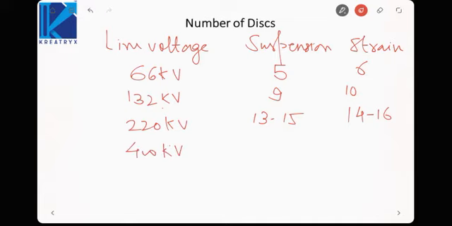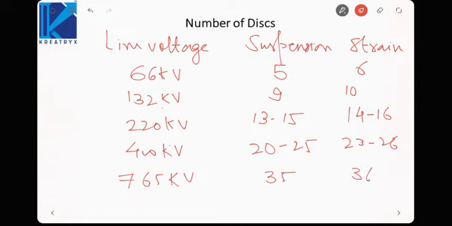In 400 kV we use here 20 to 25 discs, here 23 to 26. And for 765 kV, that is UHV line, we will use here 35 discs and here 36. So usually in strain type of insulator we will use more discs as compared to your suspension type of insulator.